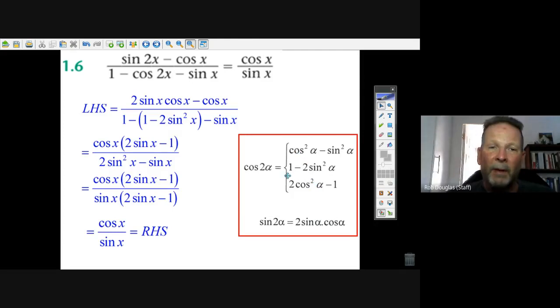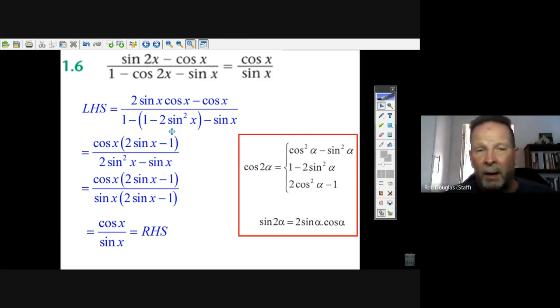So you look at this 1 minus something. I'm going to put a bracket here. The reason you choose 1 minus 2 sine squared is because you're going to go 1 minus 1, and the 1s are gone. And that's pretty terrific. Then minus 2 sine squared is going to turn into plus 2 sine squared. The thing just got a whole lot simpler. So that's why, instead of cos 2x, we go 1 minus 2 sine squared x.